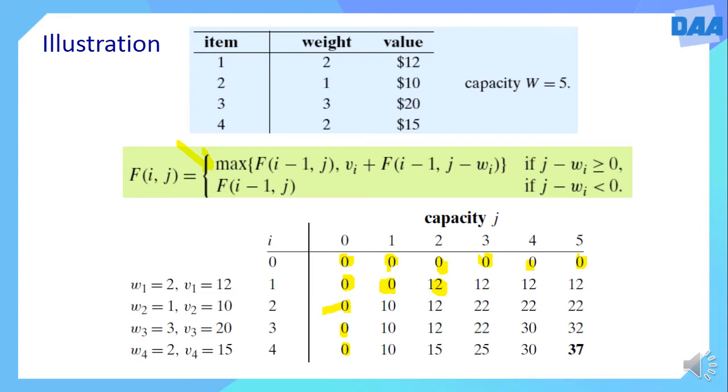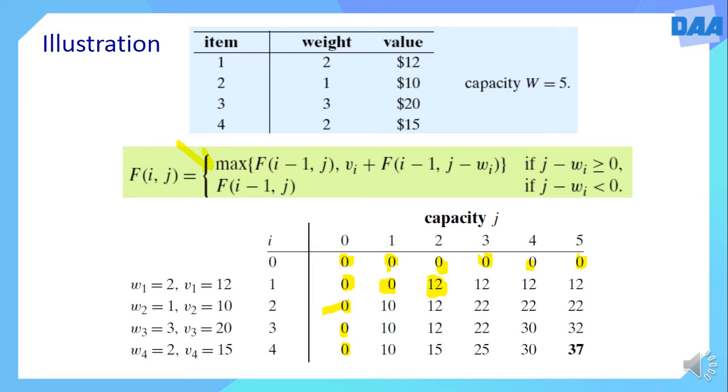I minus 1 means previous row, j minus wi means 2 minus 2, that is 0. So 12 plus 0 is 12. So the maximum of 0 and 12 is 12.